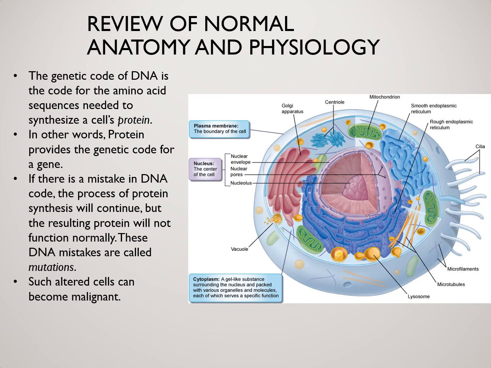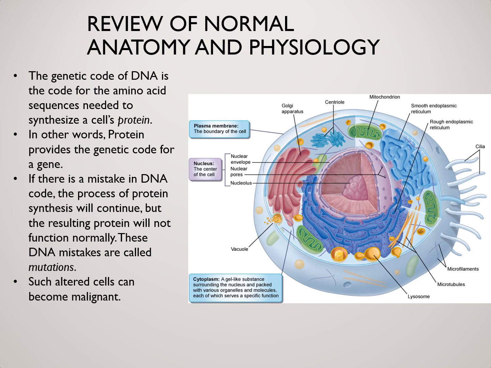First, your book talks about normal anatomy and physiology regarding normal cells. Cells are the smallest living structure and functional subunits of the body. Although human cells vary in size, shape, and certain metabolic activities, they have many characteristics in common.